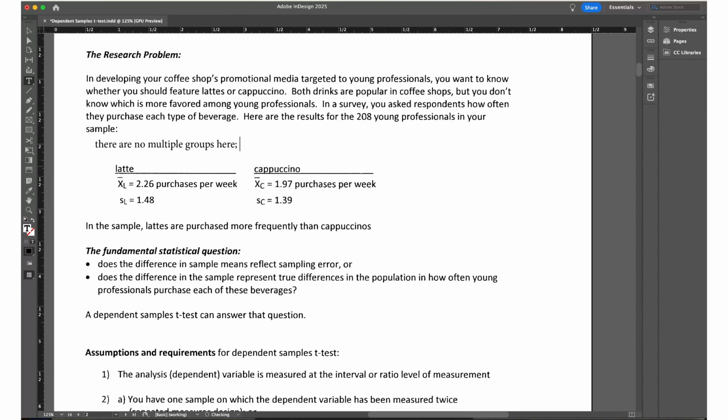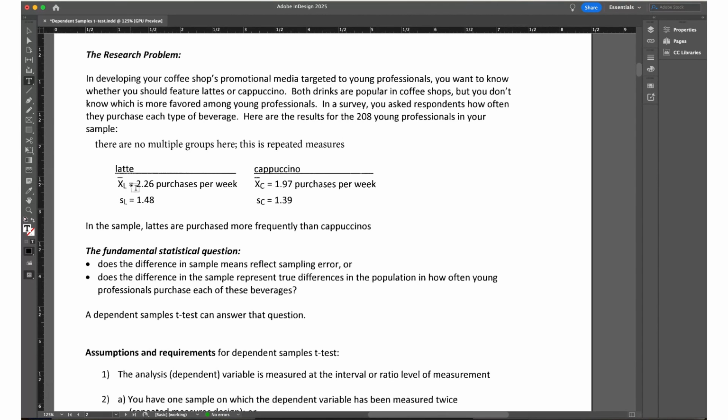This is repeated measures because we got the same person reporting how many lattes they purchase and how many cappuccinos they purchase per week.